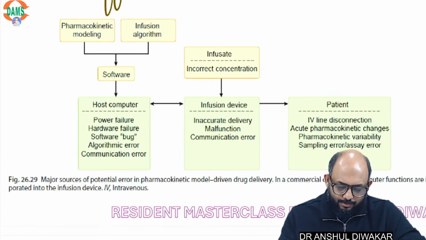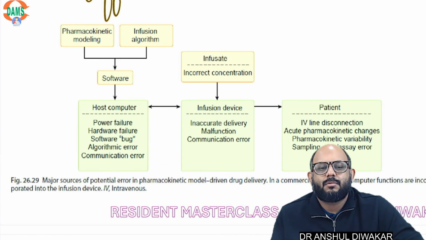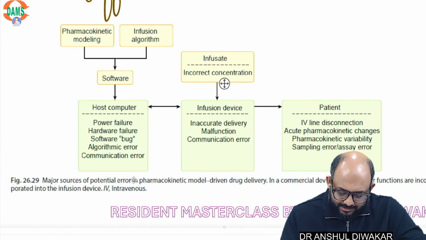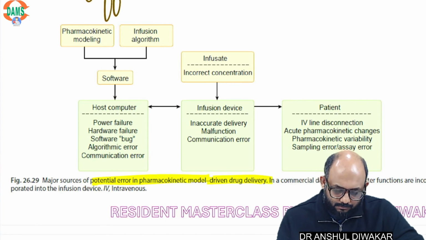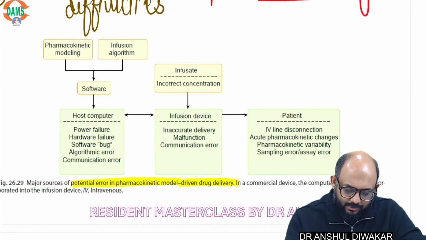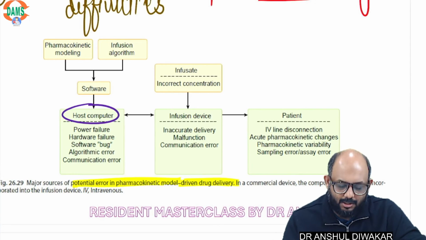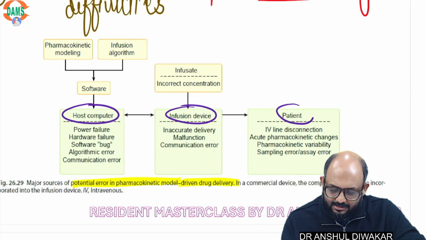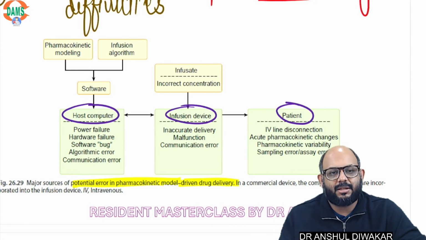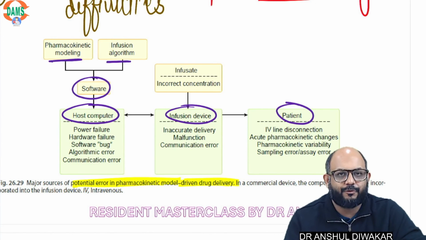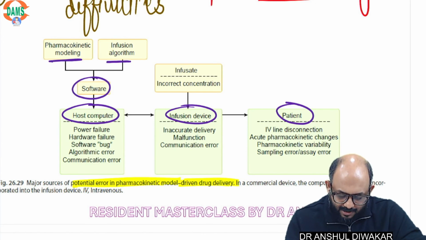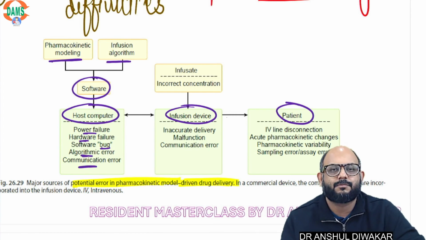It can happen at so many levels. See, main sources of potential errors in pharmacokinetic model driven drug delivery. So what can happen? There are three things. There is a host computer, there is a device, and then there is a patient. Problems can happen at each level. There can be a problem in the pharmacokinetic modeling infusion algorithm which is put in a software, and the host computer can have power failure, hardware bug, software bug, algorithmic error, communication error.